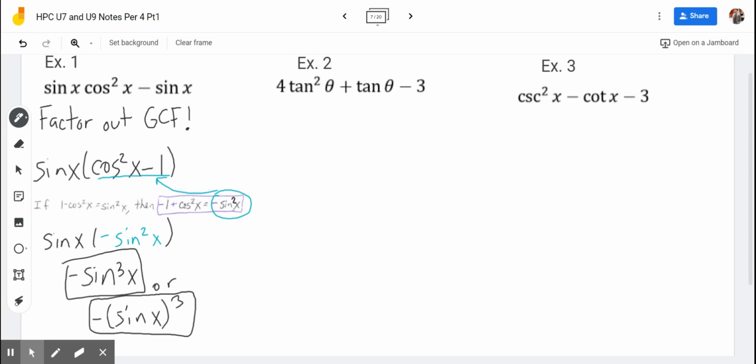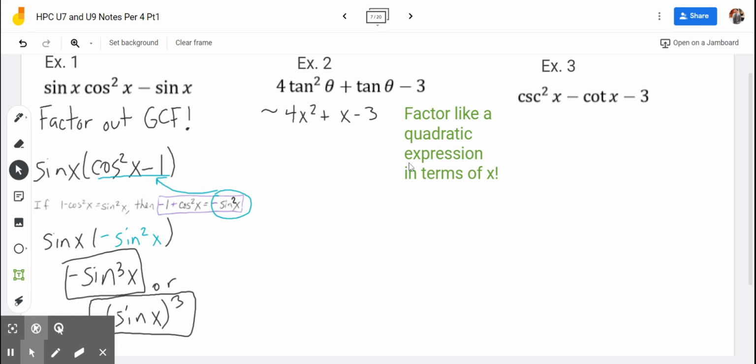So let's say that this is similar to 4x squared plus x minus 3, instead of tangent. We're just going to factor this like a quadratic expression in terms of x, but instead of x, we're just going to use tangent as our value.